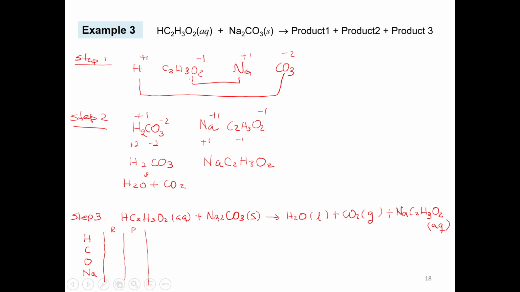But for sodium it is easier because we know we must multiply. There is no other option. We need to multiply here sodium by 2. Then if we multiply by 2 here, we will get 2 sodiums, 2 sodiums.